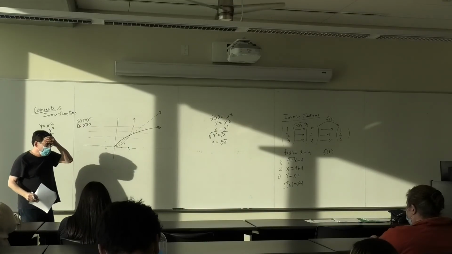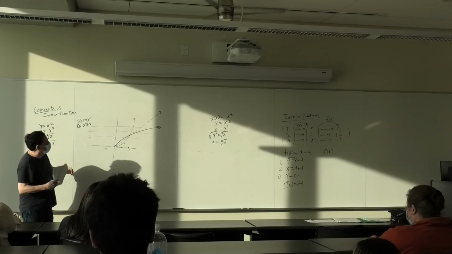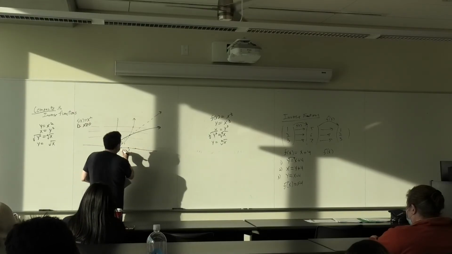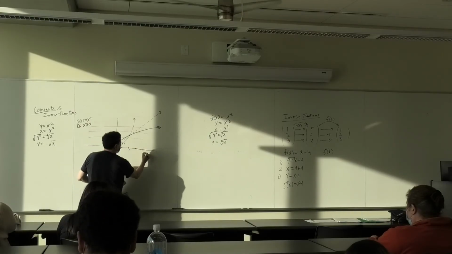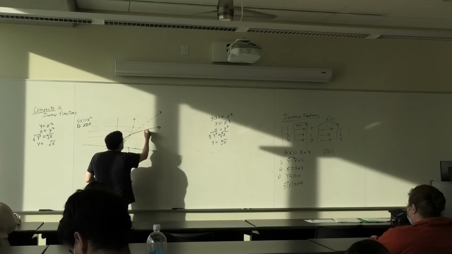Now you might go, well, that's kind of cool, but why is that? Well, think of a point here where I pick some x, we'll call it x0, and out of it we get a y.